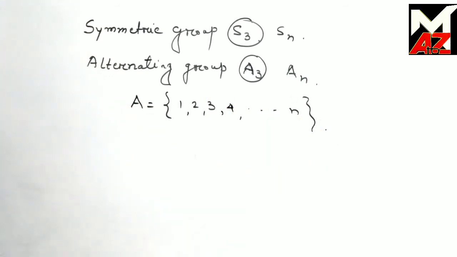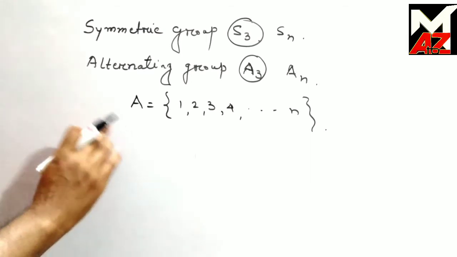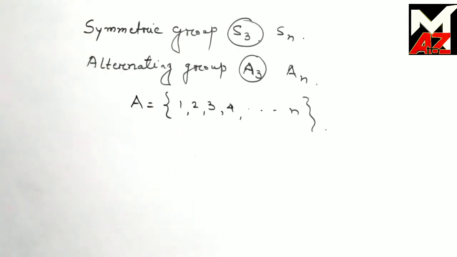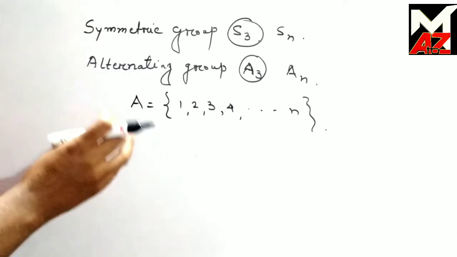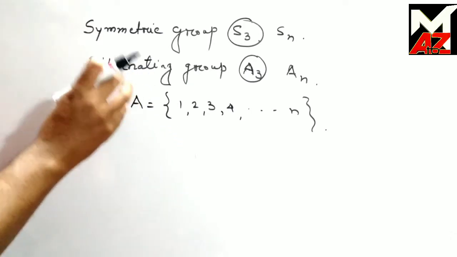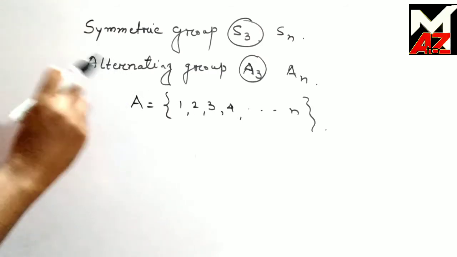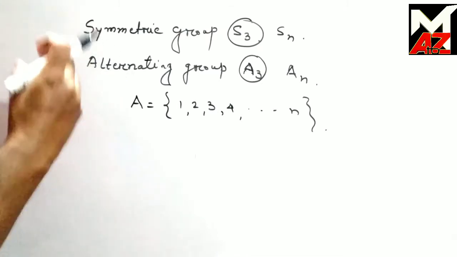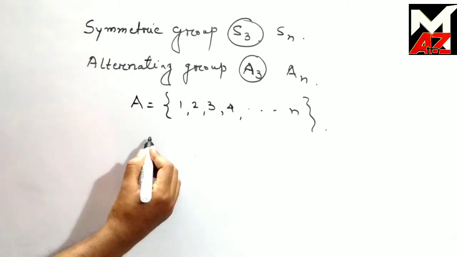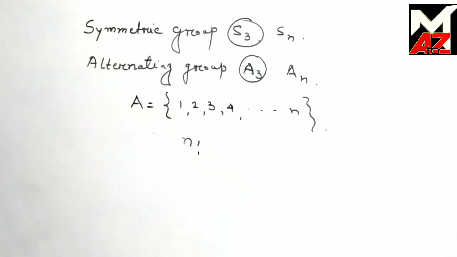Now clearly, the set of all bijective mappings from A to itself are all the permutations on the set A, and the number of all permutations on the set A is n factorial.